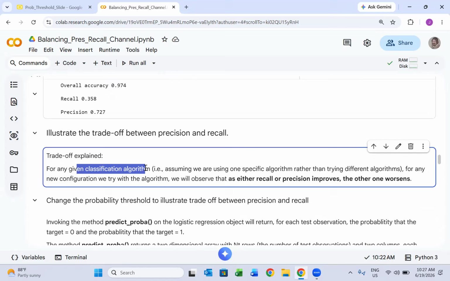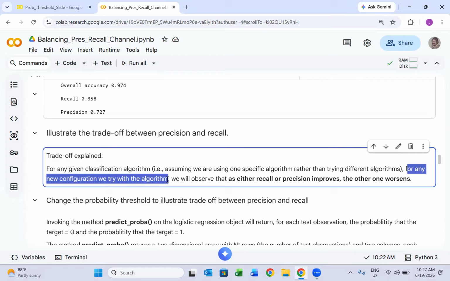Given one algorithm, for any new configuration we try with it, we will observe that as either recall or precision improves, the other one worsens.